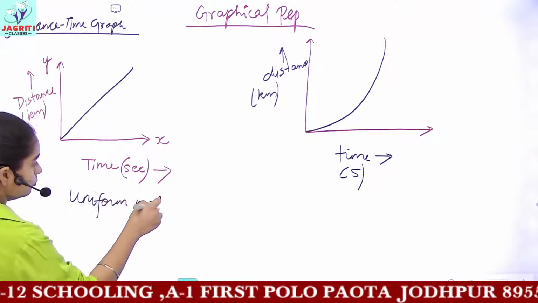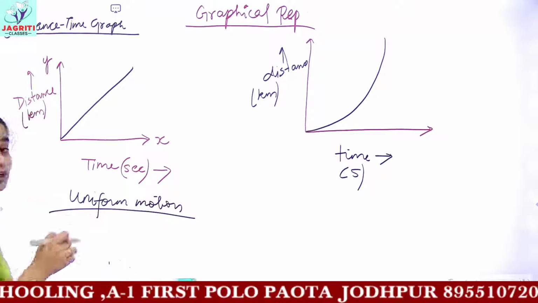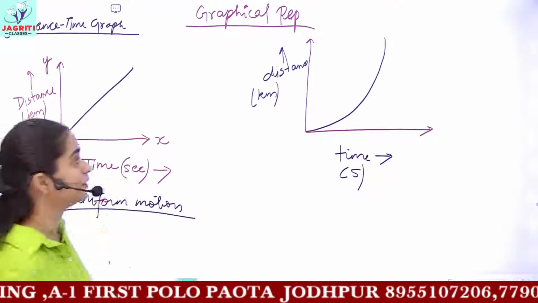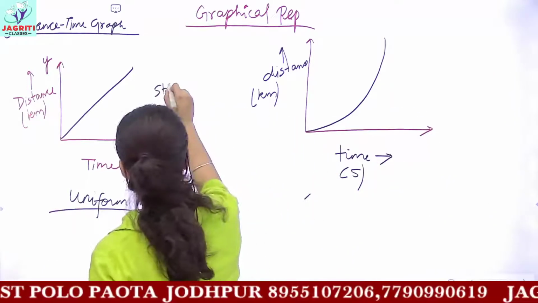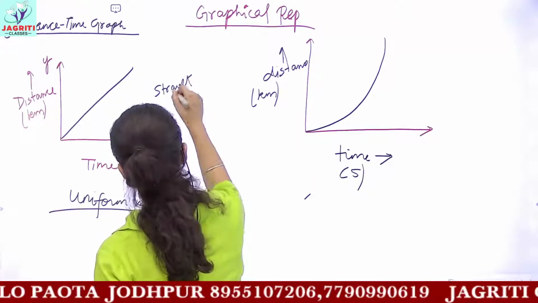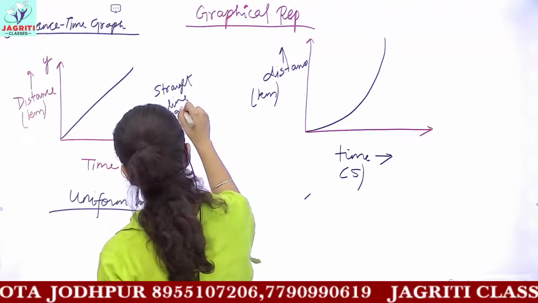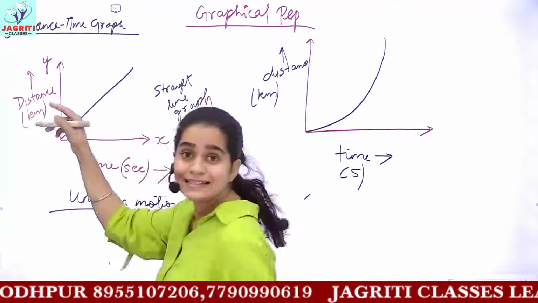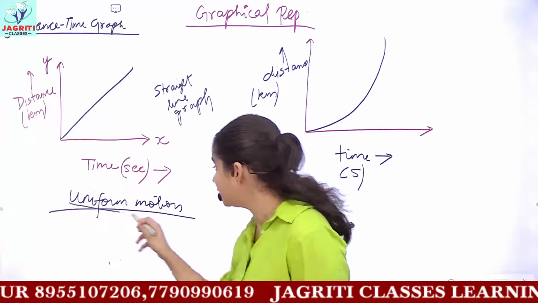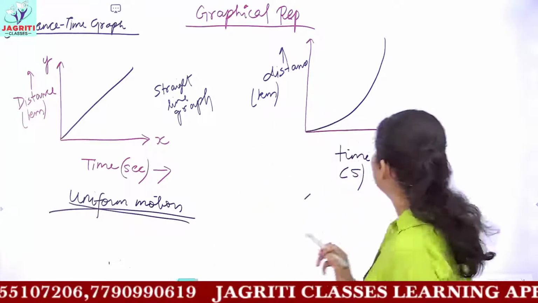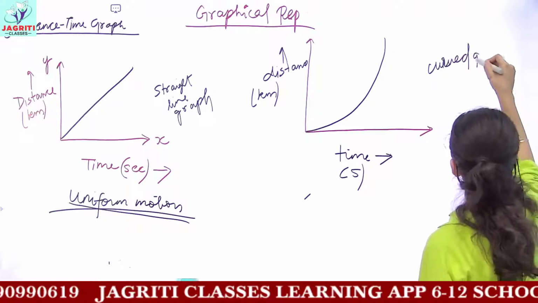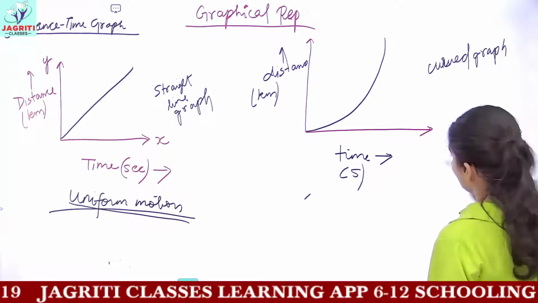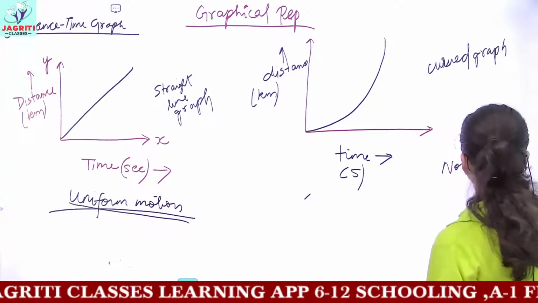That is, the object which is undergoing uniform motion shows such a type of graph, whereas this is a kind of straight line graph. So a straight line distance time graph is for the object undergoing uniform motion, whereas a curved type of graph is for the case of non-uniform motion.